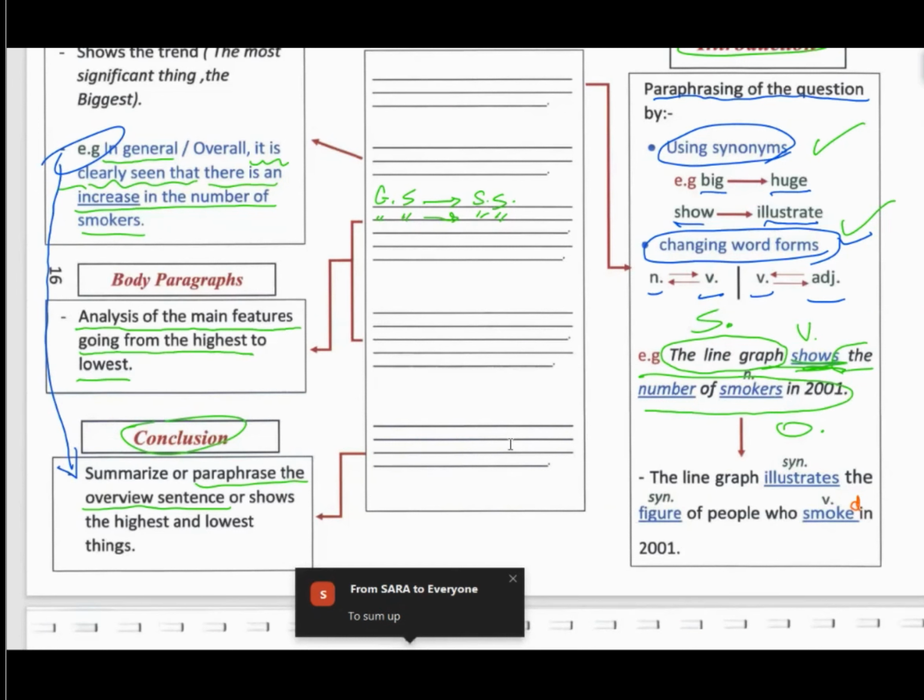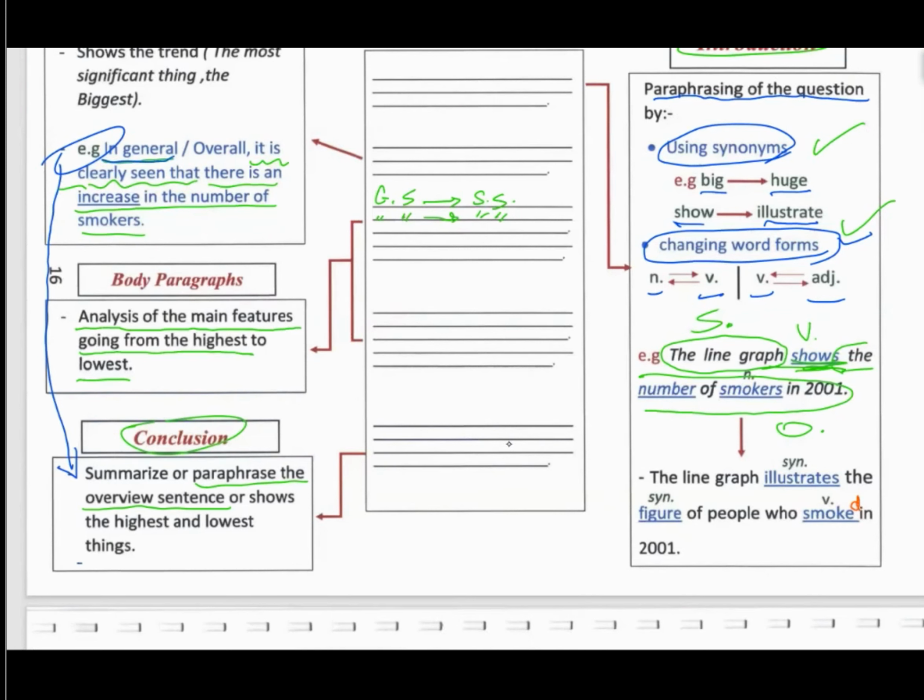So you paraphrase your overview sentence. Here you said in general, then here you say overall, comma, it is clearly seen that, it is obviously noticed that, or it is clearly noted that.